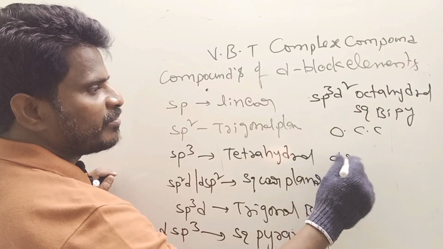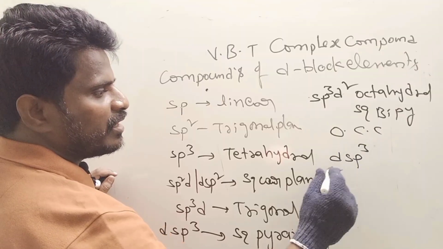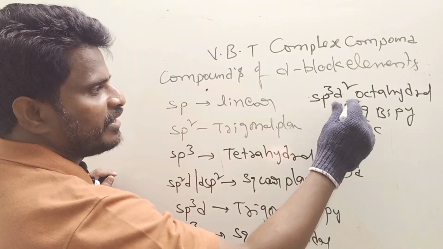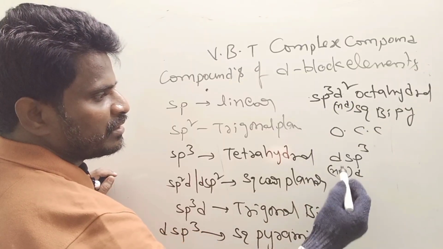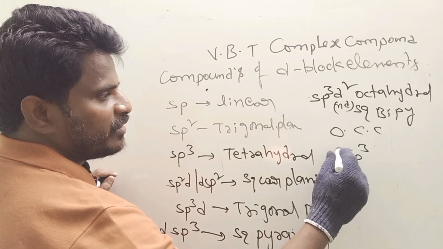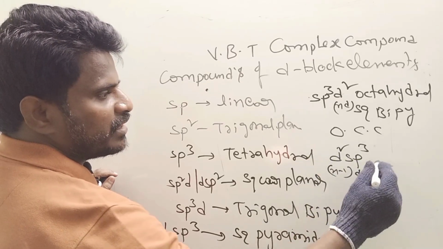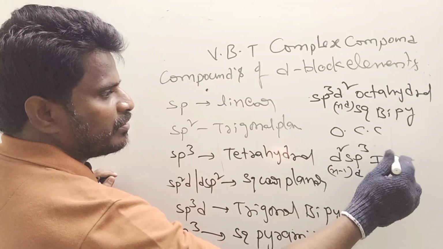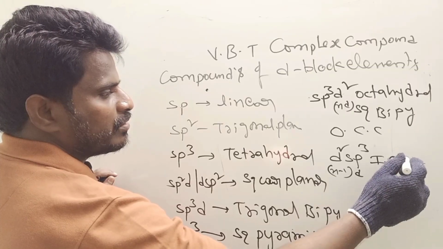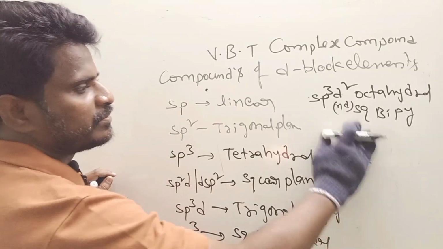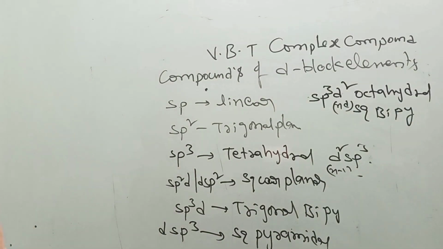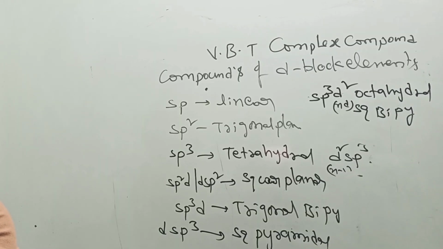If the two d orbitals are inner d orbitals, that is (n minus 1) d orbitals, with n d orbital, it is d2sp3 hybridization, that is inner octahedral geometry. So that is the hybridization of the molecule and its geometry.